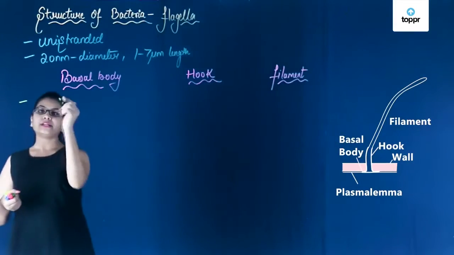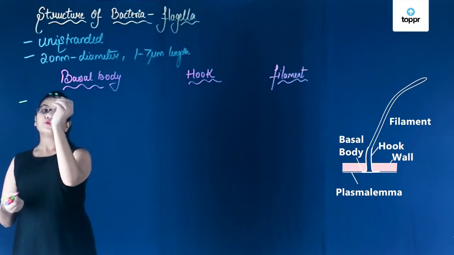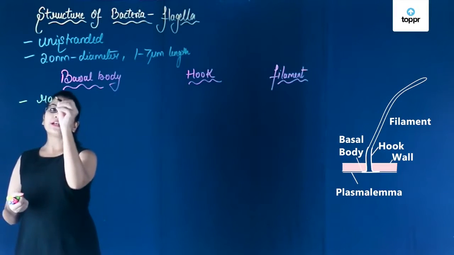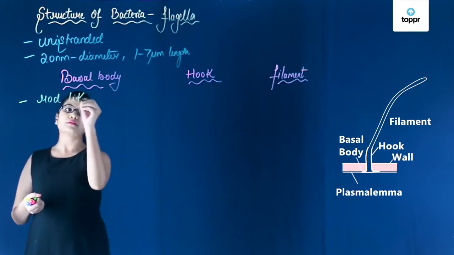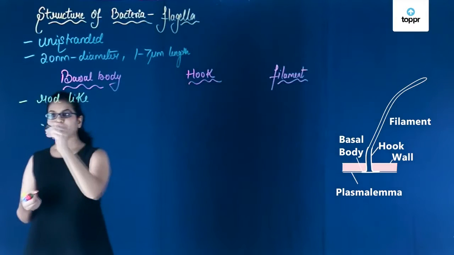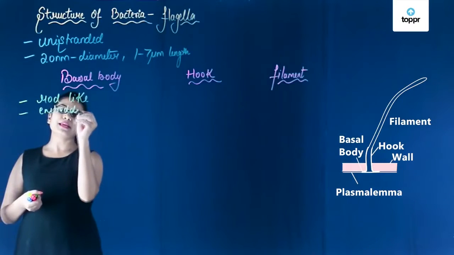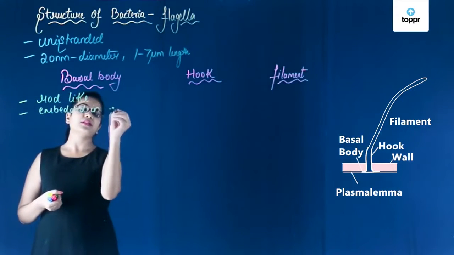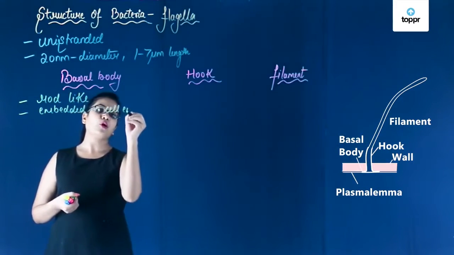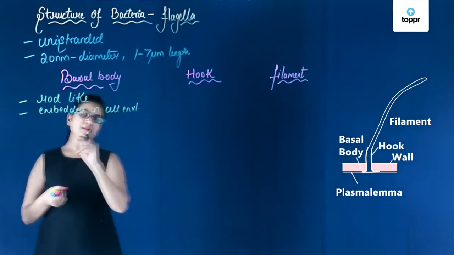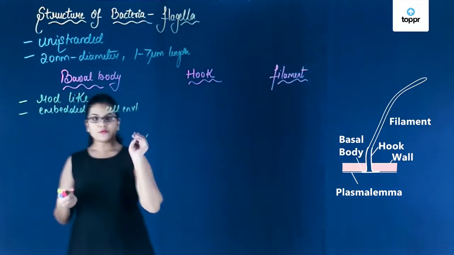The basal body is a tubular structure, rod-like in nature, and you will find it embedded in the cell envelope.